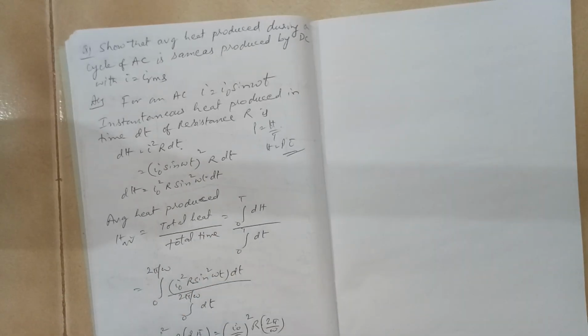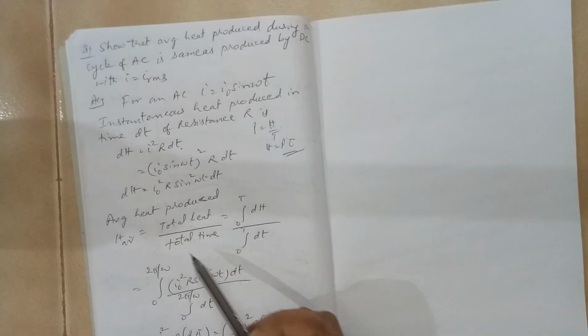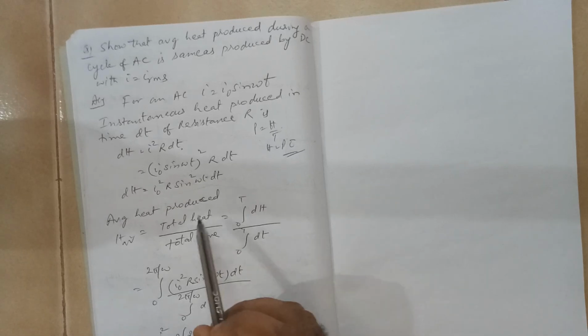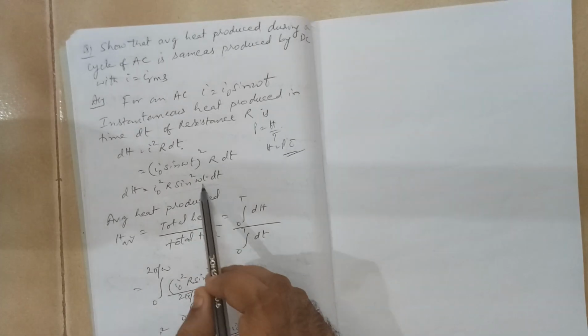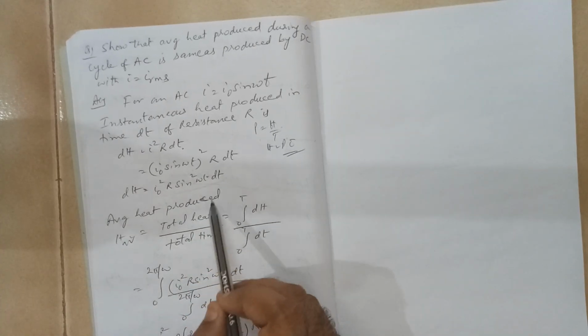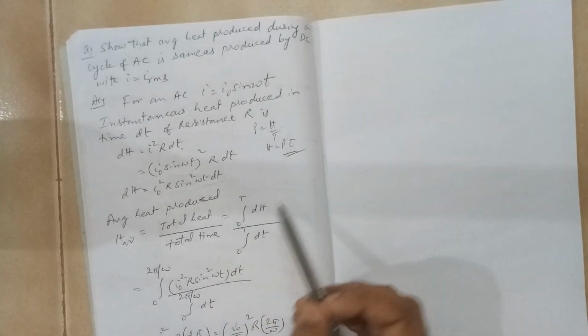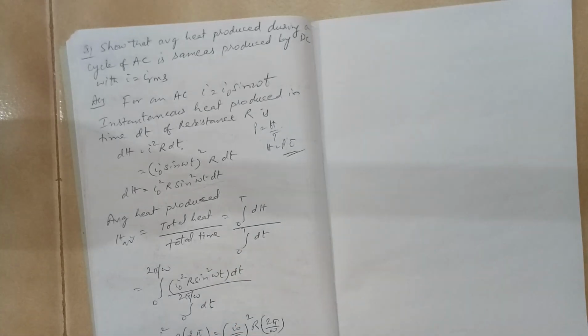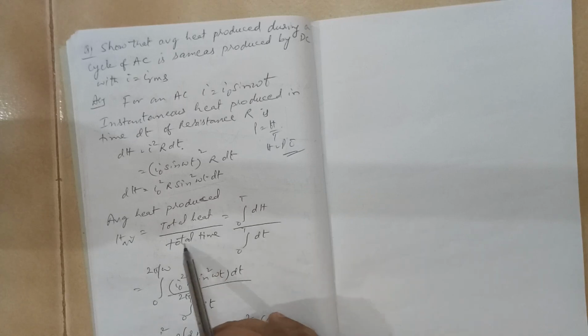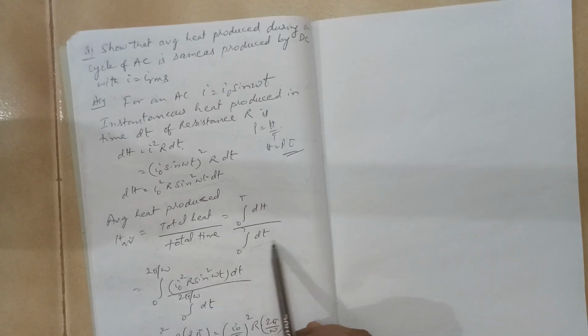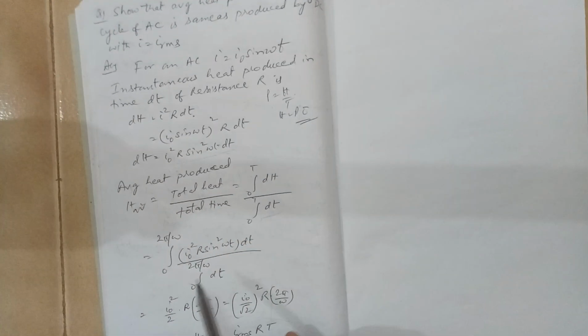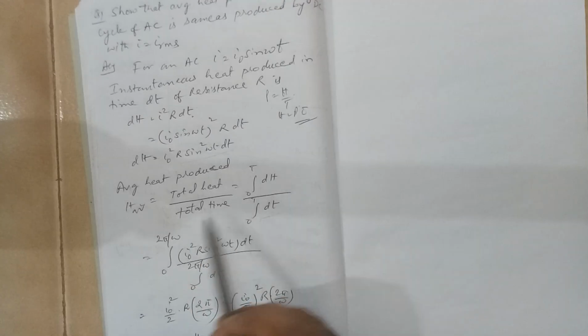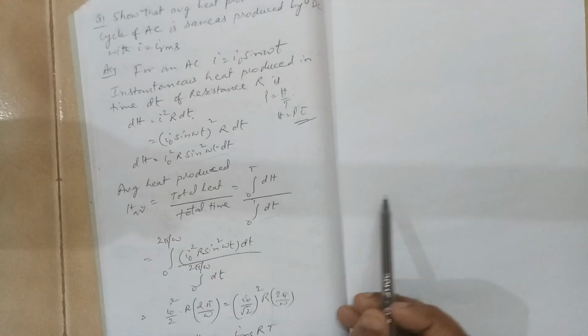So if you want to know the average heat produced, it is total heat by total time. So total heat, how will you get? This is a small increment per time dt. You want to get the total, you have to integrate it between 0 to T. Similarly, total time also you will get. So you need to plug in that value over here, and the T value you know already, it is 2 pi by omega.